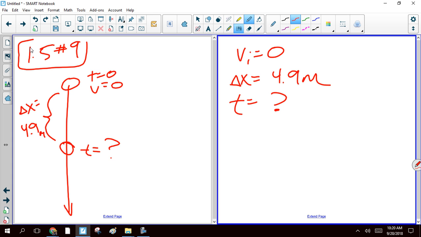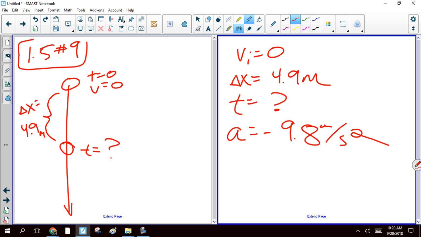Yeah, we know the acceleration, don't we? Because it's being dropped, so it's in free fall. Our acceleration here is negative 9.8 meters per second squared. Everybody good up to there? Now, do we know our VF? We don't know what the velocity is when it gets to this point.